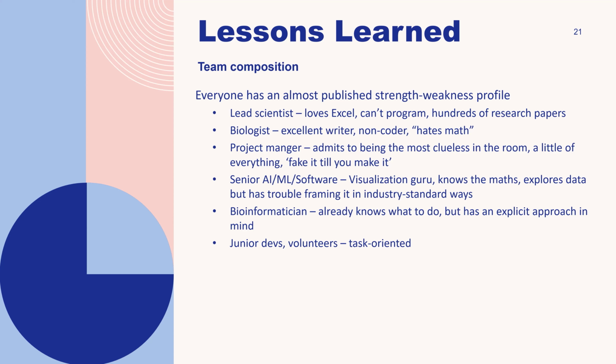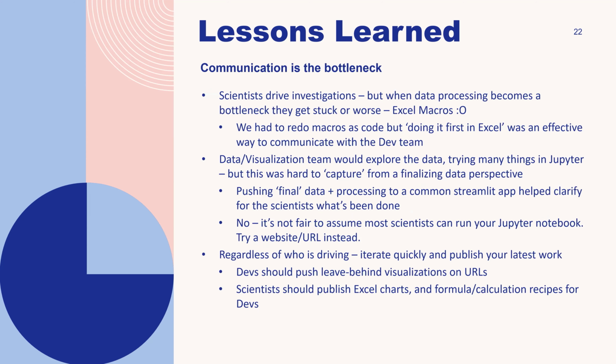And that's part of what we're bridging with Streamlit. Bioinformatician knows what to do, has explicit approach in mind. And then the junior devs are task oriented. So when looking at that, the communication is the bottleneck. So scientists drive investigation, but when the data processing becomes a bottleneck, they get stuck. Or worse, Excel macros.